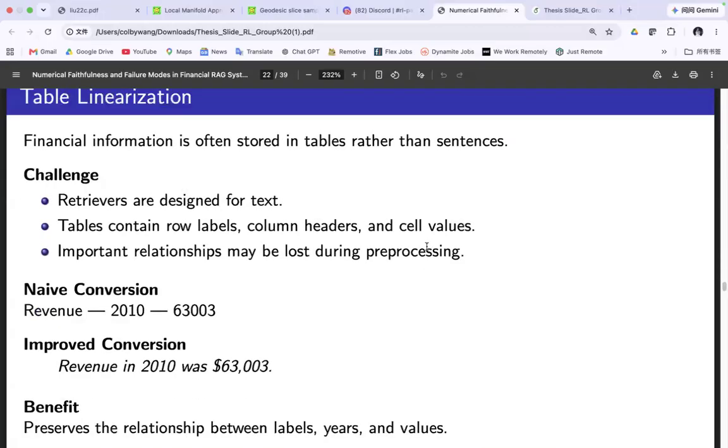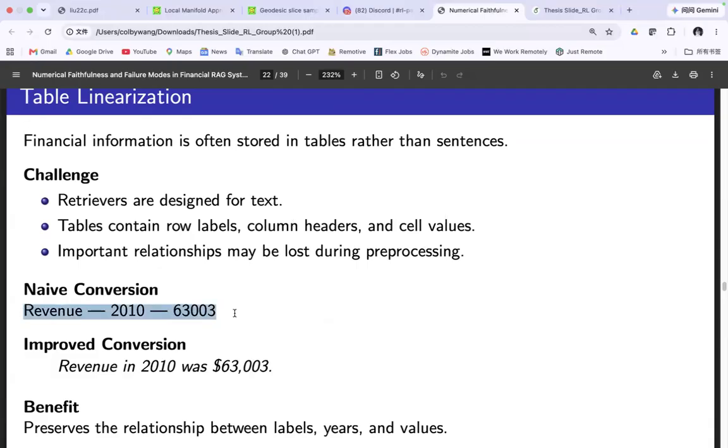Table linearization is a very important problem because much of the financial information is often stored in tables rather than sentences. The challenge is that retrievers are typically designed for text. However, tables contain row labels, column headers, and cell values, and important relationships may be lost during preprocessing.